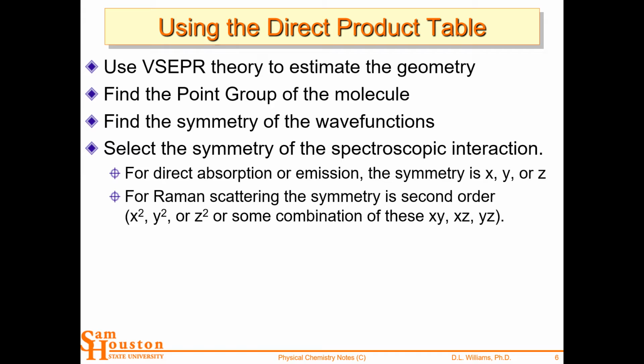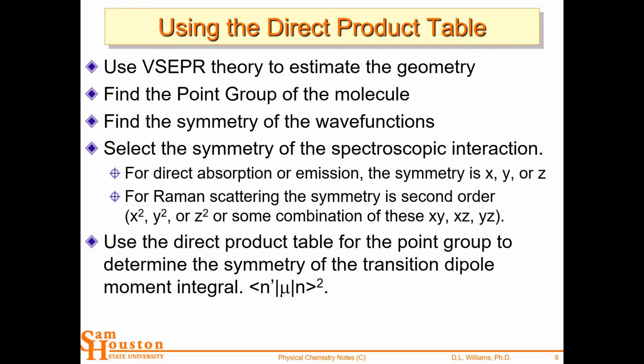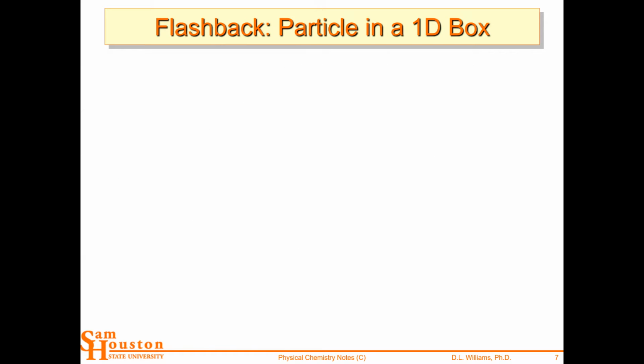You've got all the combinations of your different axes. They could come in on y and leave on z, come in on x and leave on y, and so on. So all of the order 2 polynomials, x squared, y squared, z squared, xy, xz, and yz, are your scattering phenomena. And then we would use the direct product table to connect those wave functions and the phenomenon you're talking about. So let's do it.